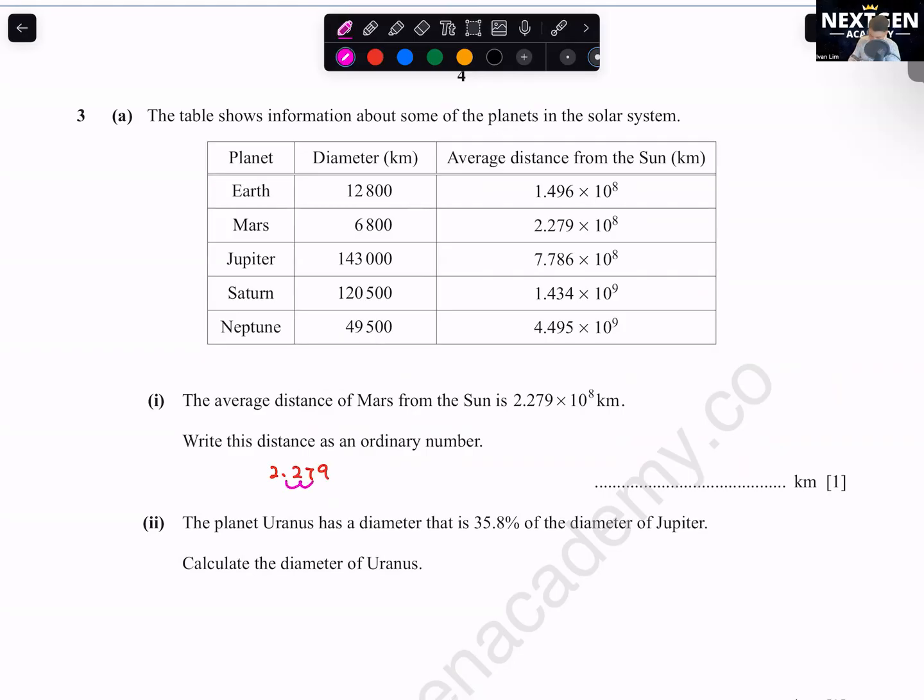So 1, 2, 3, 4, 5, 6, 7, 8. So how many zeros will you have behind? 1, 2, 3, 4, 5 zeros. So 2.279 followed by 5 zeros. Like this: 227,900,000.